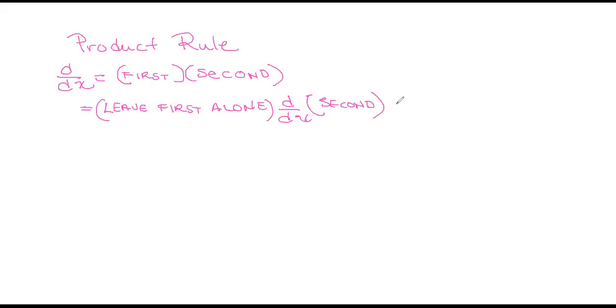And then I'm going to add, now I'll take the derivative of the first because I left it alone before. I'm just going to write enough because I'm running out of room here. And I'm going to leave the second alone. So that's the product rule. Let's try an example.